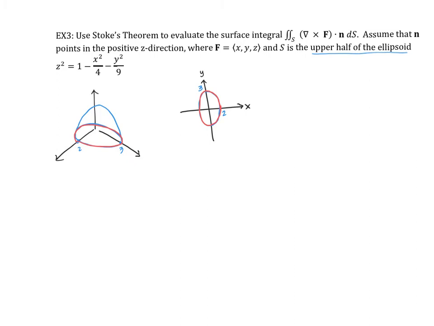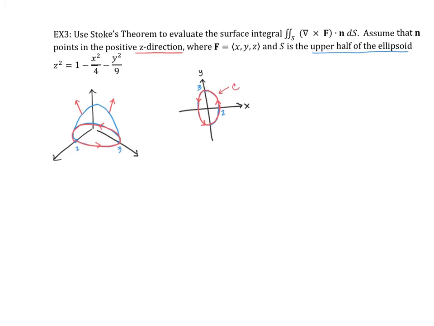I know that since the normal vectors are pointing in the positive z direction, the curve is going to have to be generated counterclockwise. All right, so I got all that stuff down. Let's go ahead and see if we can define the curve.